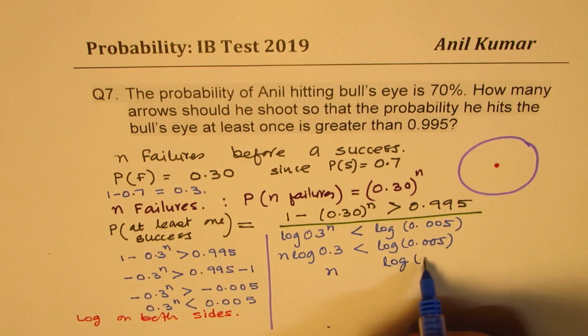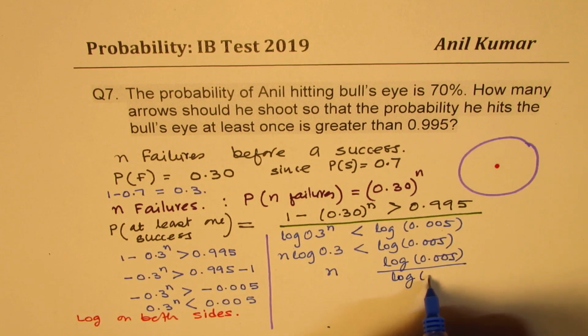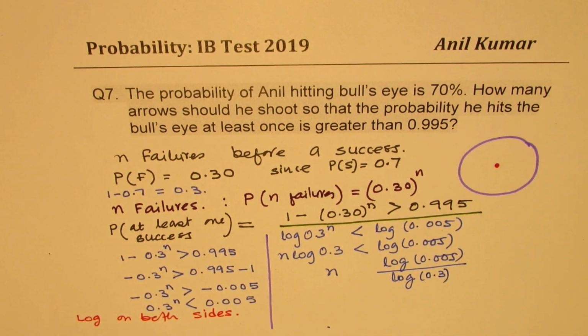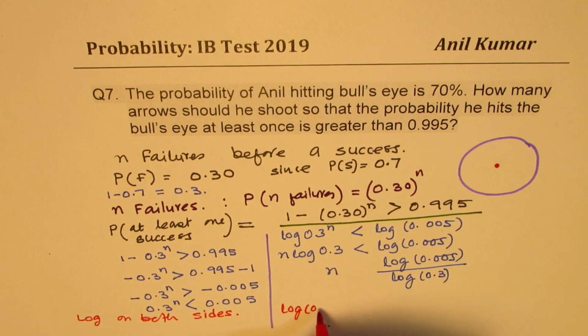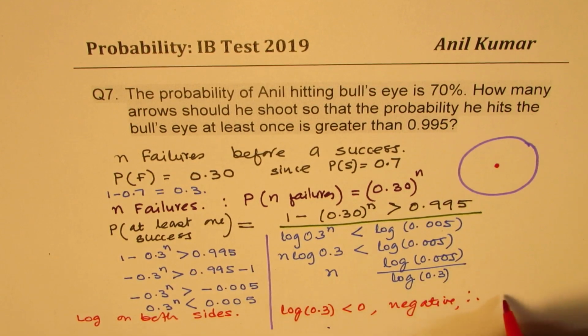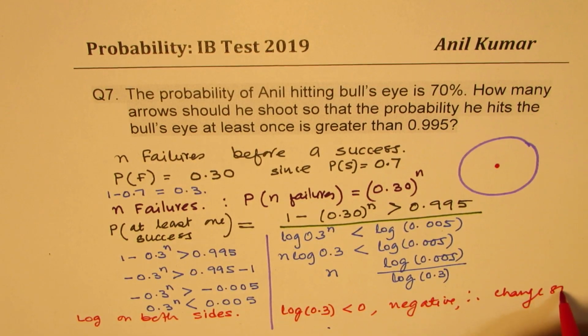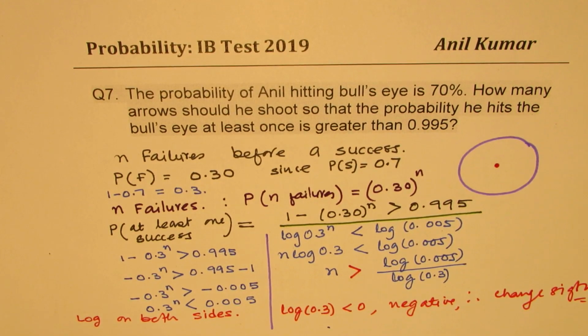So we have log of 0.005 divided by log of 0.3. Now you should notice one thing, that we are dividing by a negative quantity. Remember, log of 0.3 is less than 0, right? It is negative. Therefore, you should change the sign. Now this is the most important thing to understand, right? So here we have to now change the sign. You get the idea. Since log of 0.3 is negative, right?